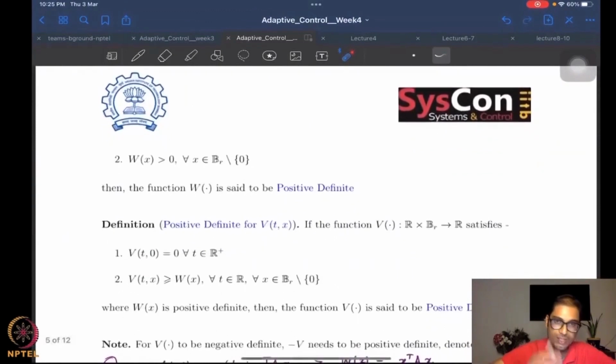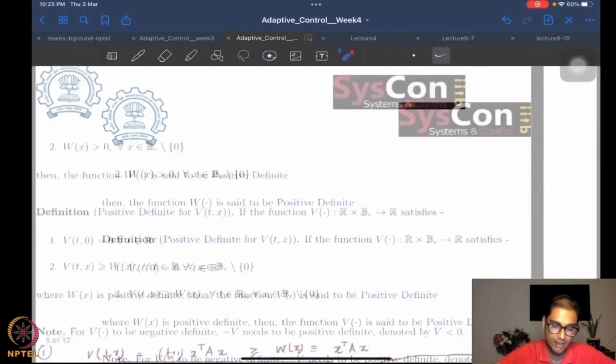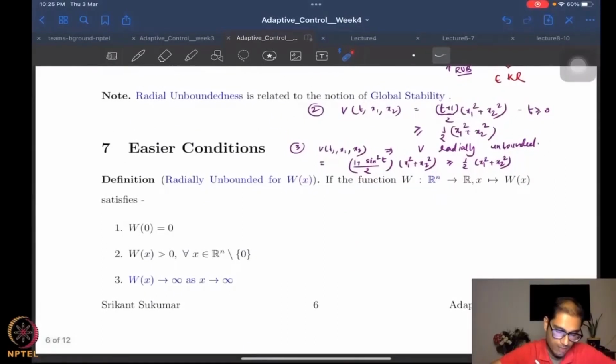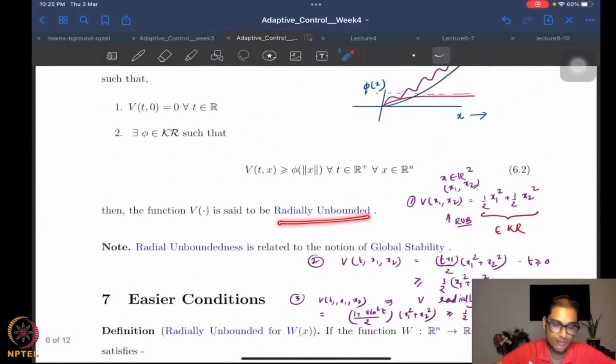The second condition is where there is a small change. For positive definiteness, it is positive for all x in a ball, removing the origin. It only has to hold true in a ball. Here, of course removing the origin, we need it to happen for all R^n. This is also because of how radial unboundedness is defined: that this domination has to happen for all R^n.